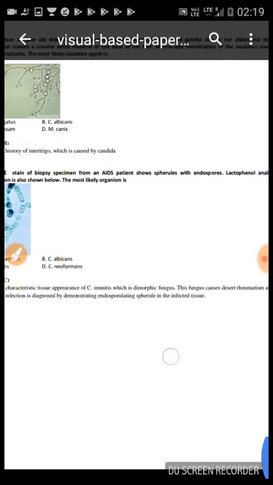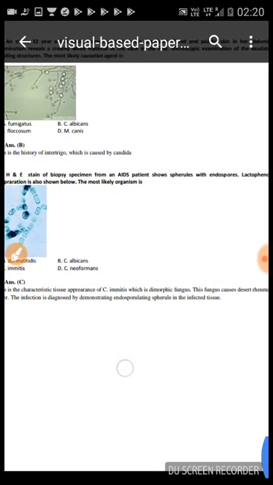This is the characteristic tissue appearance of C. immitis, which is a dimorphic fungus. This fungus causes desert rheumatism. It is coccidioidomycosis. You just make sure you confirm what C. immitis is.